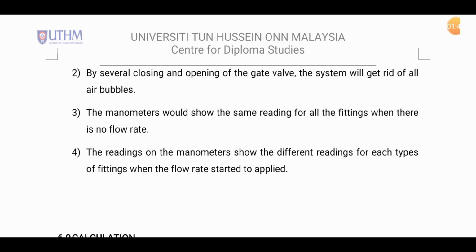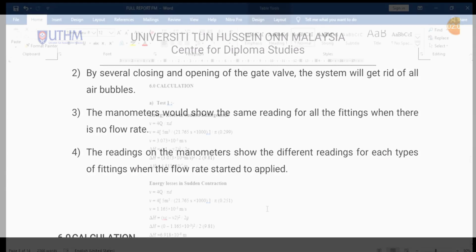When the flow rate started to apply, the manometers would show different measurements for every single fitting. So that's all the observation that we got from this experiment. Thank you.